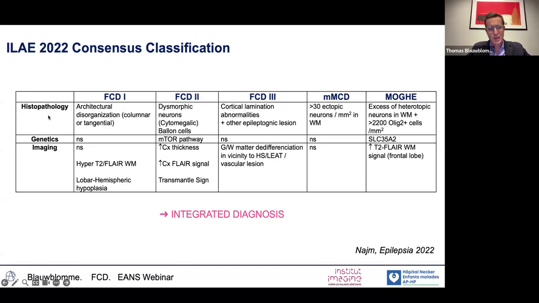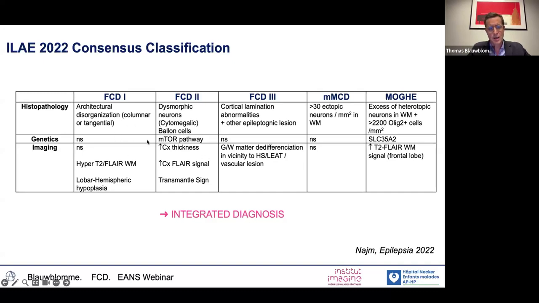It takes into account the histopathology, the genetics, plus the imaging. And inside these different subtypes of focal cortical dysplasia, you have at the end only 2 subtypes that are clearly defined with molecular abnormalities: on the mTOR pathway for FCD type 2 or SLC35A2 for the MOG.